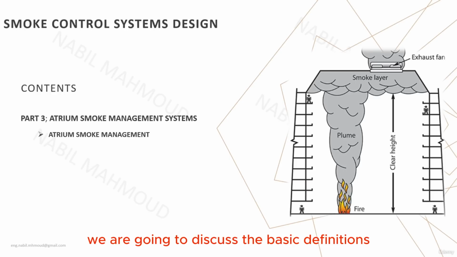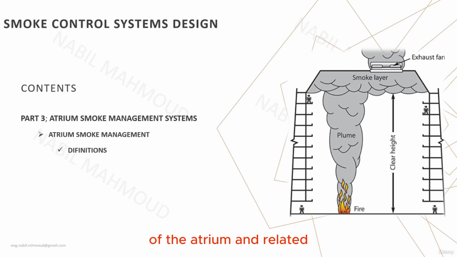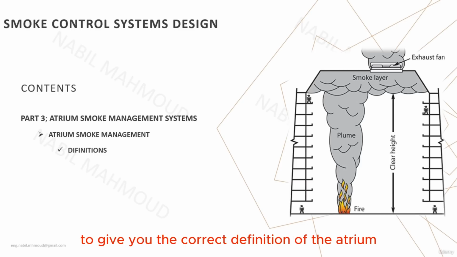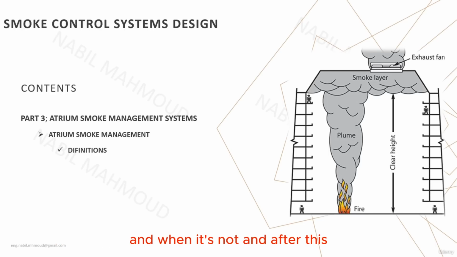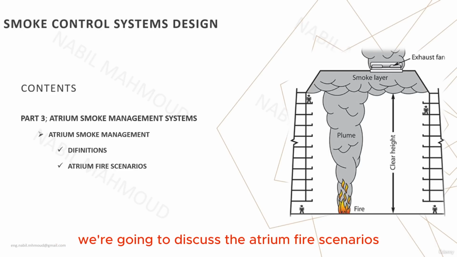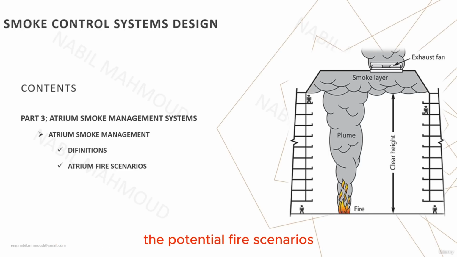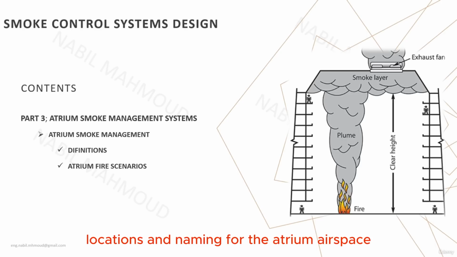So in this chapter we are going to discuss the basic definitions of the atrium and related common spaces in accordance with the international codes and standards to give you the correct definition of the atrium and when this volume can be used and called an atrium and when it's not. And after this we are going to discuss the atrium fire scenarios, the potential fire scenarios, locations and naming for the atrium space.